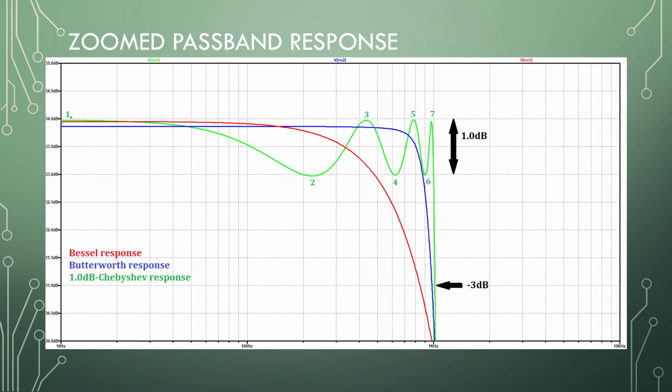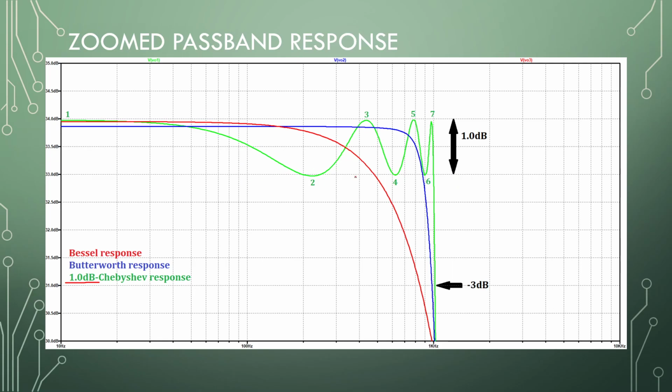Thing to note, if you count the humps, you can tell the order of a Chebyshev filter. So 1, 2, 3, 4, 5, 6, 7. This is a 7th order Chebyshev, and this is a 1 dB ripple, and if you look at the ripple here, it is 1 decibel.